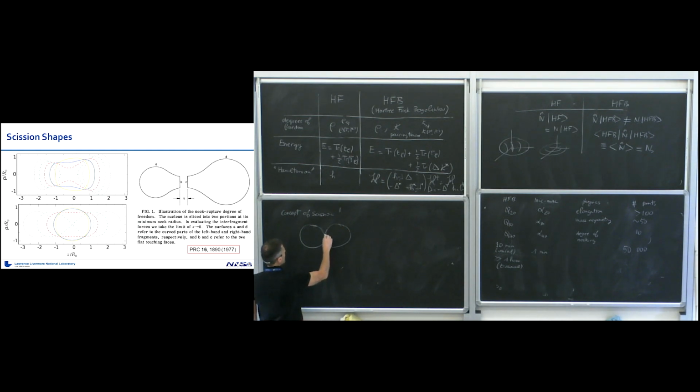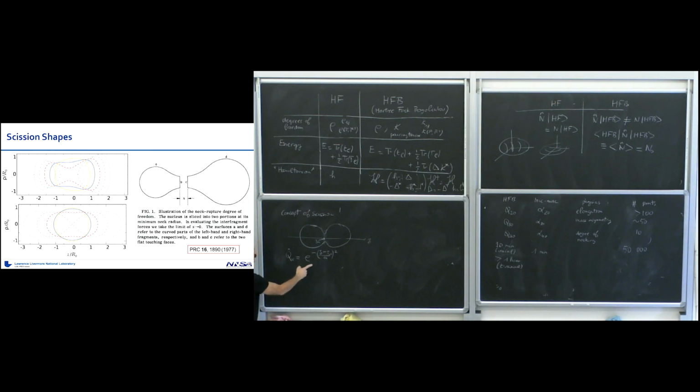And then you can say, all right, I have an axis here, which is the z-axis of my intrinsic reference frame. I can find this point. It doesn't necessarily coincide with the origin of that reference frame, especially if you have a heavy and a light fragment. But I can find this point z_N, and I can calculate the expectation value of this particular operator, Q_N, which is e to the minus (z minus z_N) squared divided by some range a squared.